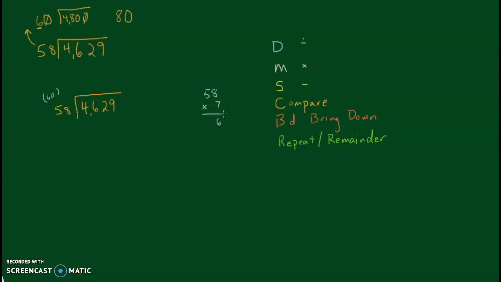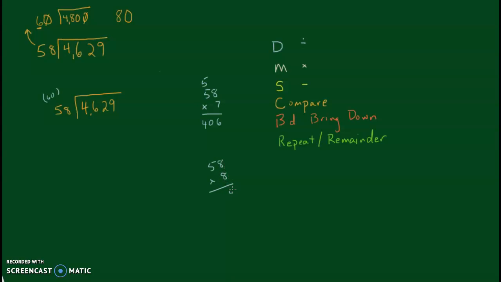So 8 times 7 is 56. 5 times 7 is 35, plus 5 is 40. That's 406. Pretty sure we can add 58 to that. I'm just going to go try 58 times 8 now.